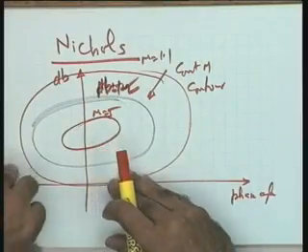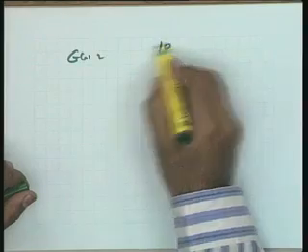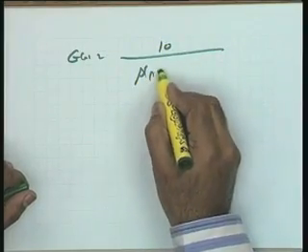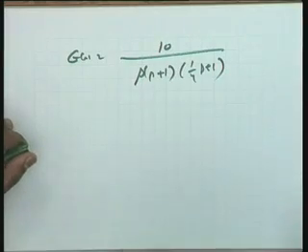For that you just take any typical example, the one we took in the tutorial class. For example, G(s) equal to some K, I think it was taken as 10, over s into (s plus 1) into (1 by 4 s plus 1), or you take some other example.